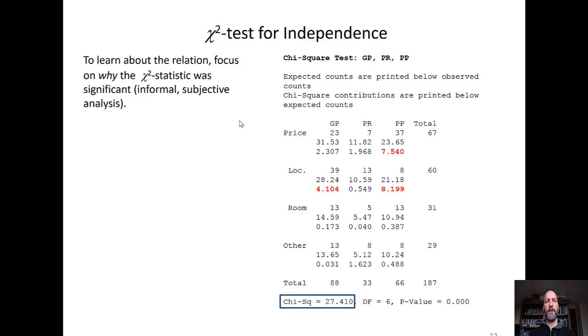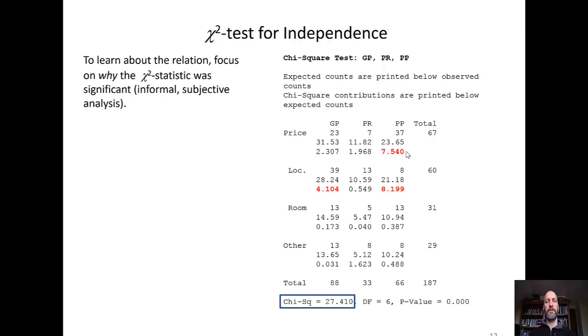We're going to look at the test statistic that we observed, in this case 27.41, and try and figure out why it's so large. And that should help us to understand what's going on here. In the Minitab output, we see the last number here, 2.30, 1.96, 7.54.